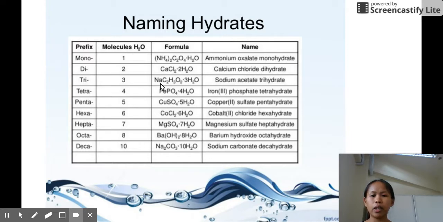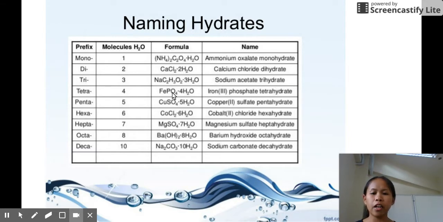The third one, you have NaC2H3O2, which represents sodium acetate. Acetate is a polyatomic anion. You can refer to your list if you happen to forget it or if you're not familiar with it. So nothing changes with the name of sodium and acetate. And since there are three waters, that's trihydrate.